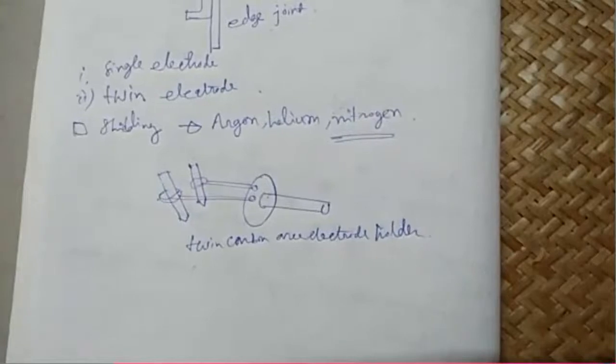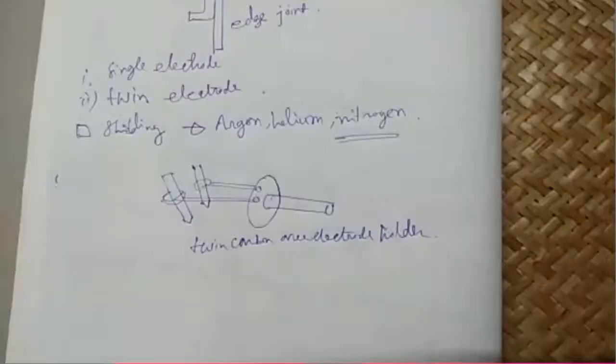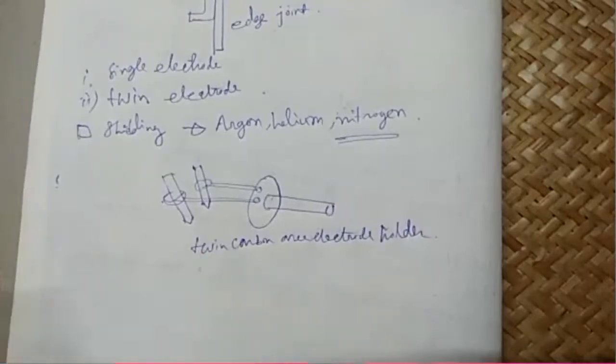Now, AC and DC both are used, but in most cases only DC with electrode negative is used. In some cases, when these electrodes have a copper outer cover to help raise the conductivity and withstand more temperature, AC can also be used.